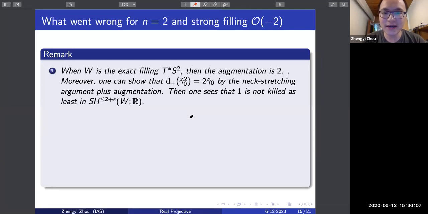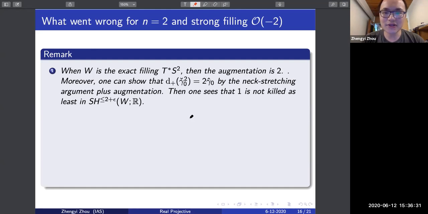Moreover, you can show that the k in the previous slides is also equal to 2. So the d plus of gamma 0 square check is also 2 times gamma 0 hat by the neck stretching argument. And then you have all these ingredients. You can compute it. There are a lot of 2s, and they basically cancel each other, and 1 survives. So it will not cancel the symplectic cohomology.